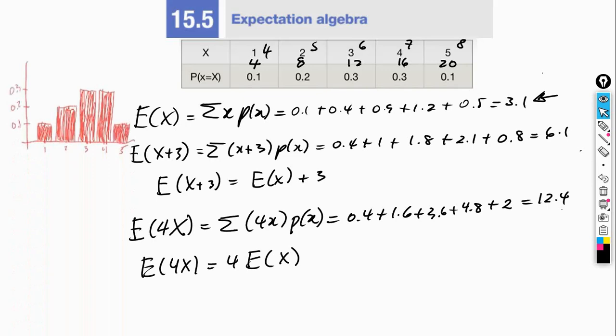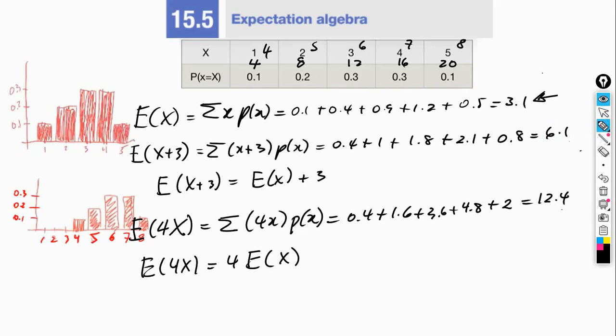Now notice if we draw a histogram of the first table, we have the distribution represented here to the left. Now what happened when we shifted every value 3 units to the right? Notice that the histogram simply shifts 3 units to the right, but that does not affect the variance.